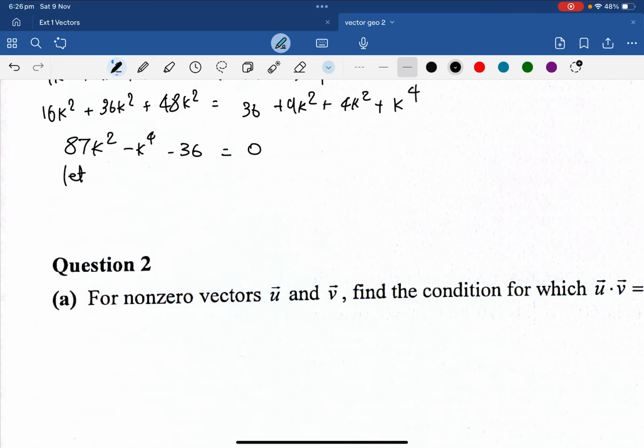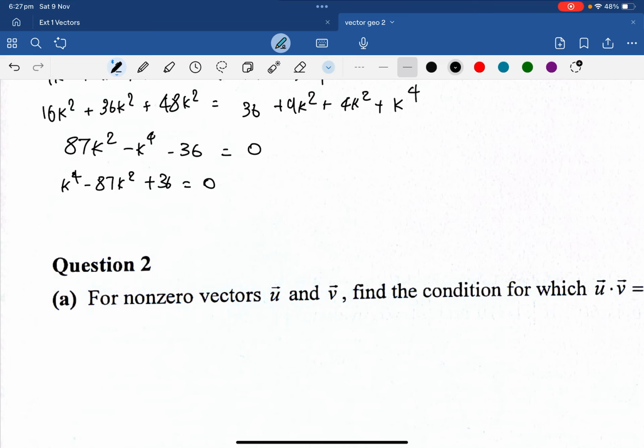We can then let u is equal to k squared. Okay. We can actually take the minus out. So k to the 4 minus 87k squared plus 36 is equal to 0.